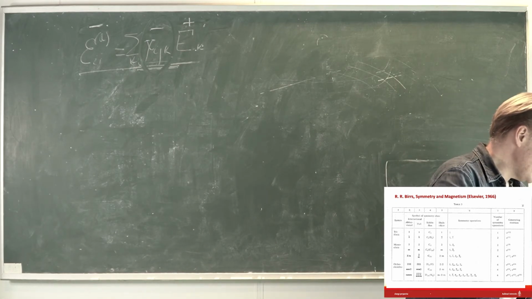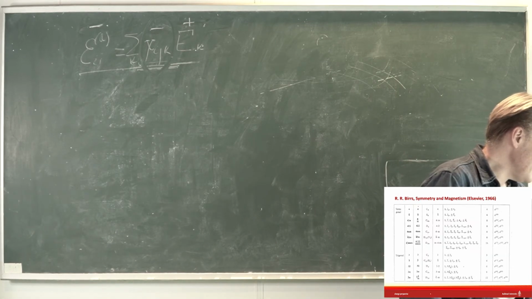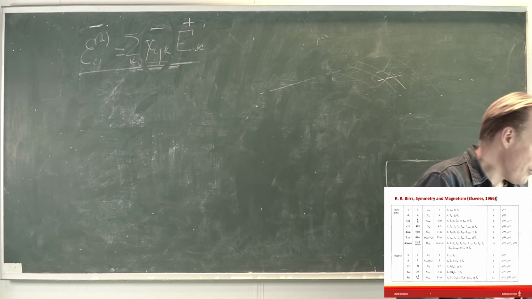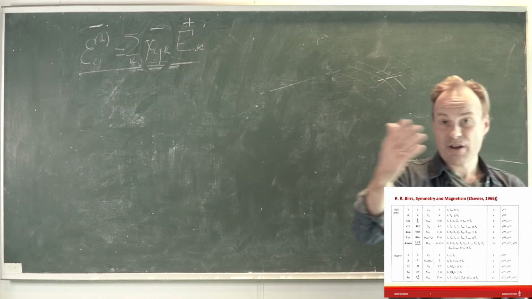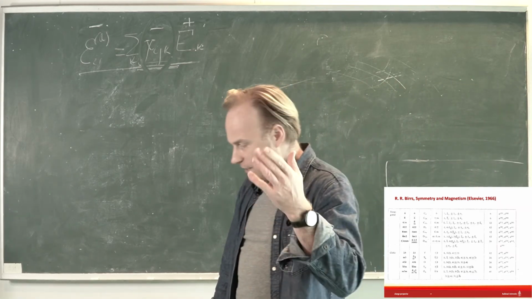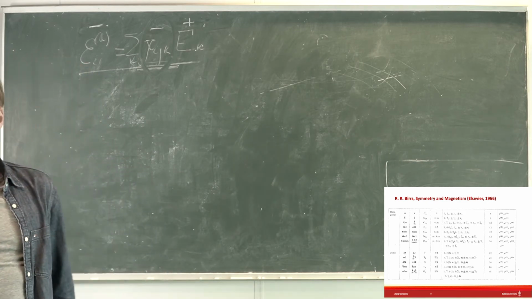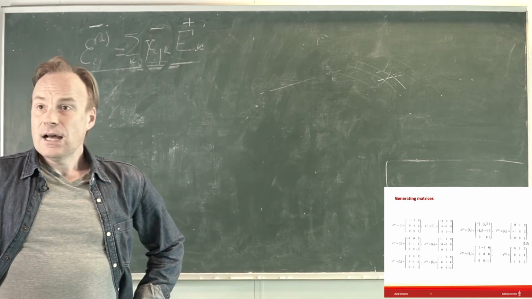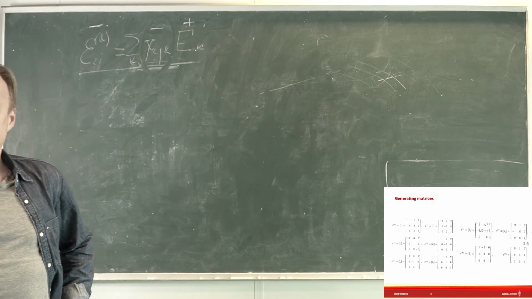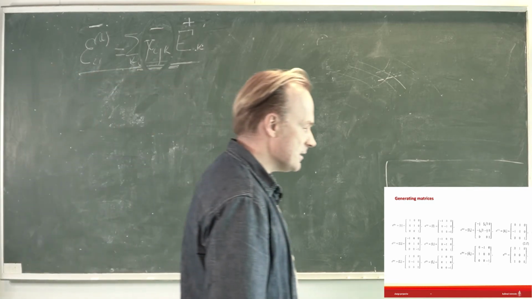It's all in the books. We don't need to derive anything. For all 32 point groups, everything is brought into tables. The generating matrices that you will find in these tables are also given, for instance, like on this slide. For every symmetry operation, you can find a generating matrix.